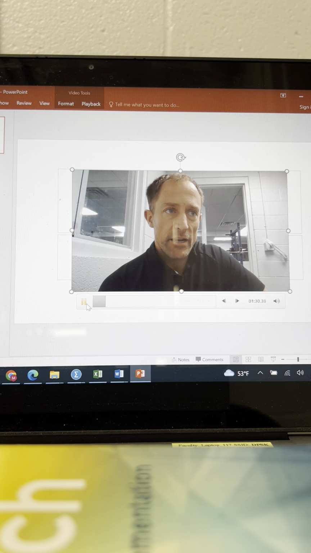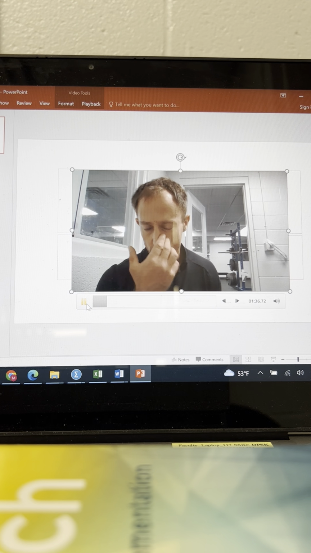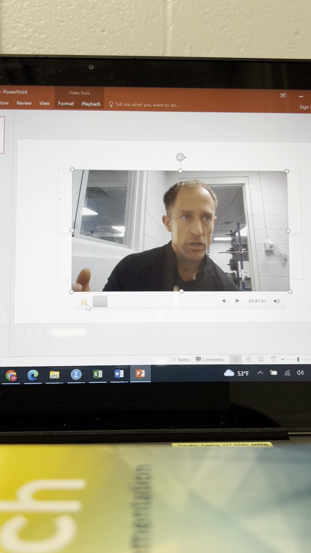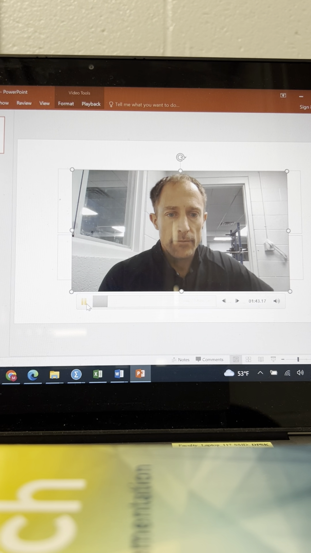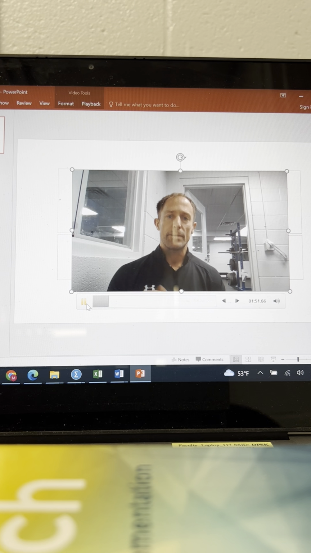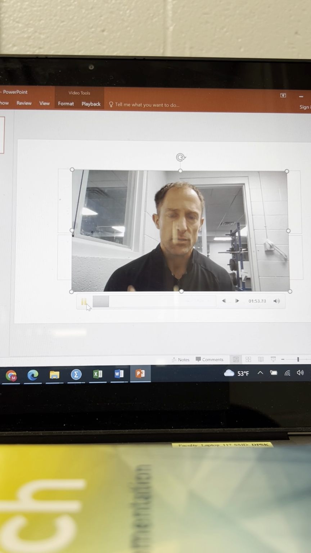If we only train at high velocities, then our slow velocity strength isn't going to increase as much. So that's basically the SAID principle, but how does that apply when we are training an athlete? A lot of coaches want sport-specific training, but when we look at it from a big picture, what exactly is sport-specific training?